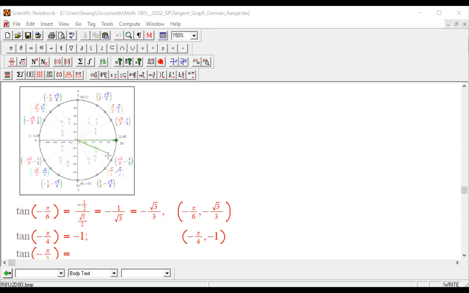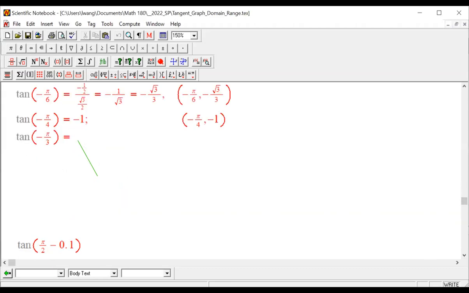The angle measurement, negative pi over 3, is a clockwise measurement and terminates here. We have a set of red number and blue number waiting for us. The blue number is negative root 3 over 2. The red number is half. So we take these two numbers and we divide them.